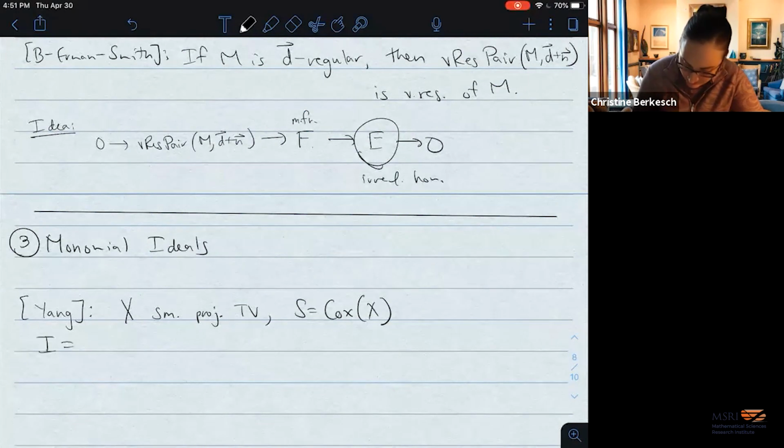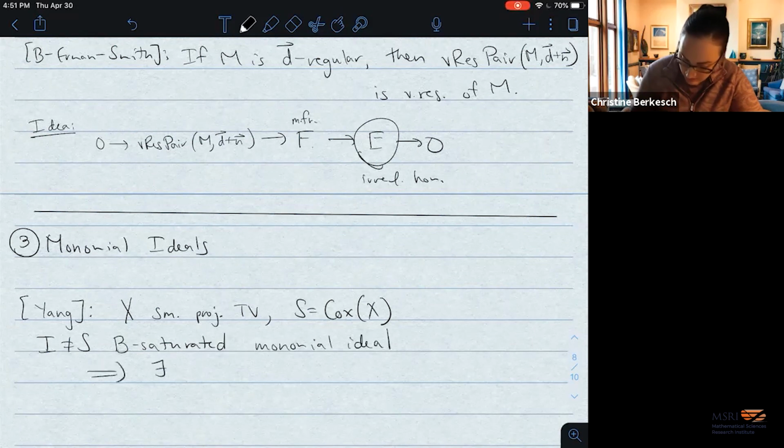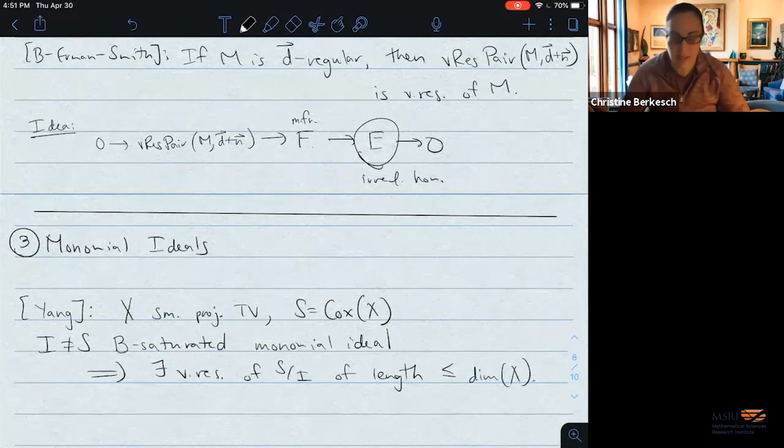Okay, so if I is not the whole ring and is a B-saturated monomial ideal, then there is a virtual resolution of S mod I of length at most the dimension of X. Okay, so we still don't have a virtual Hilbert-Syzygy theorem in general, but we do now for at least this nice class of ideals. And the construction is really beautiful.